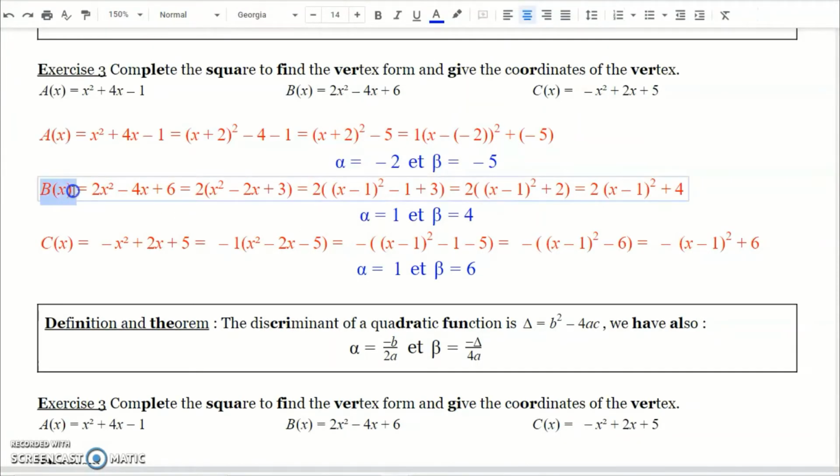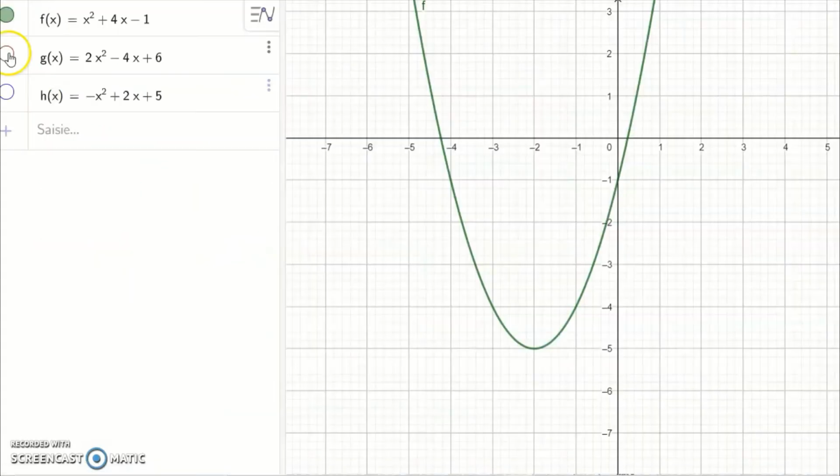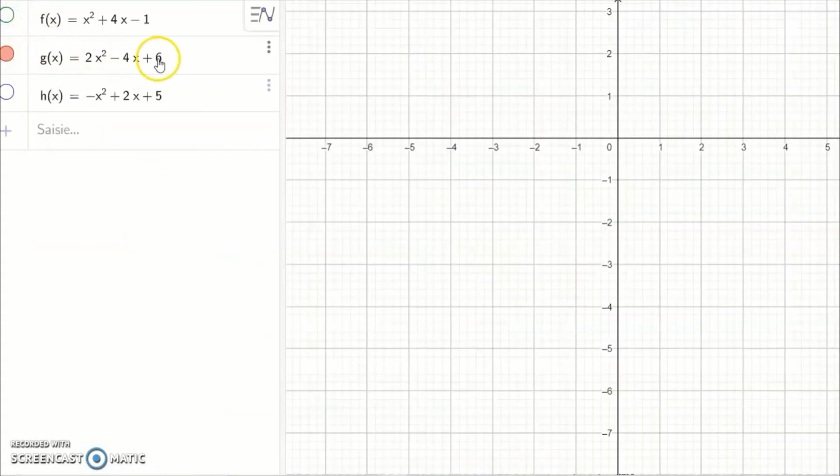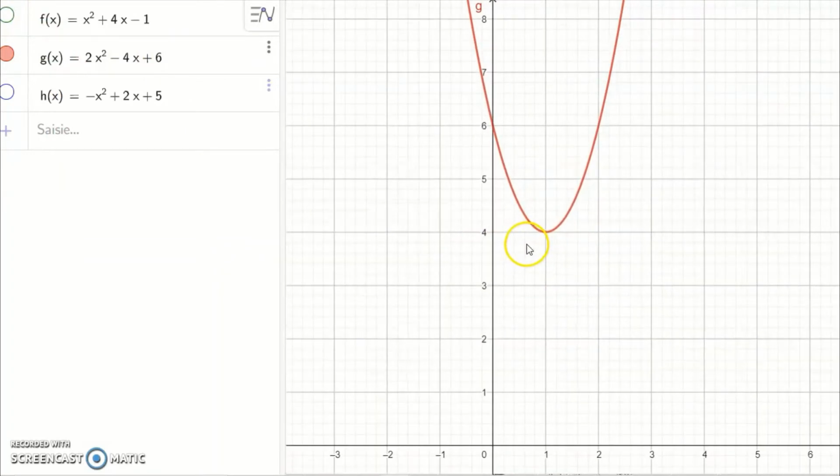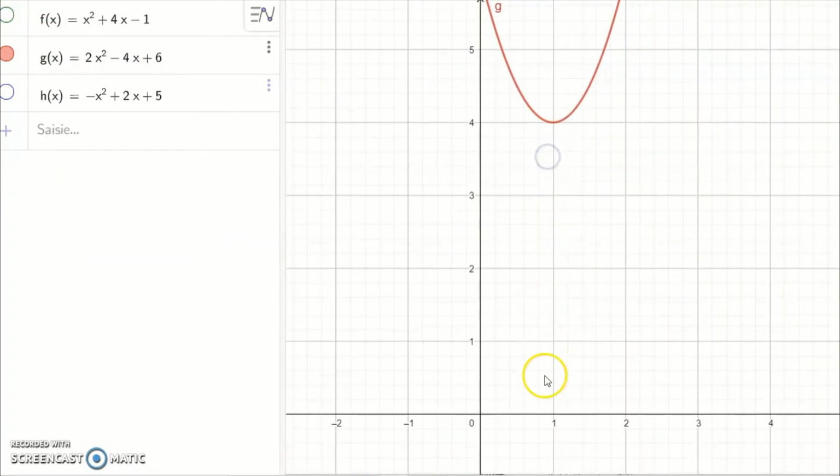For b(x), we found that this is 2 times (x - 1) squared plus 4. So alpha is 1 and not -1. It's x minus alpha. Beta is 4. We can check this on the graph. This is the parabola, and the vertex is x equals 1, y equals 4.